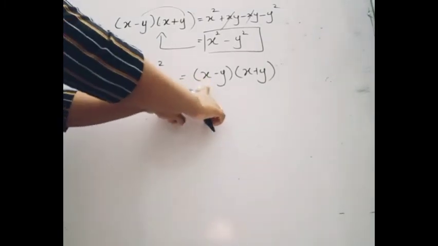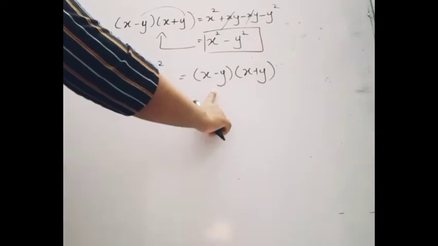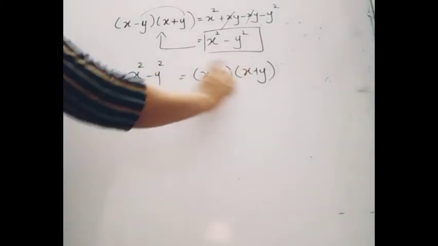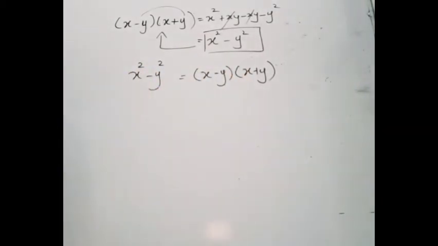Then you can write it as the product of these two binomial expressions, which is x minus y into x plus y. Let's look at the exercises in your textbook so you can understand this better.